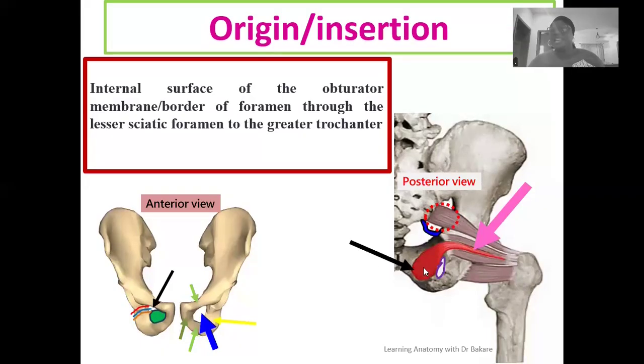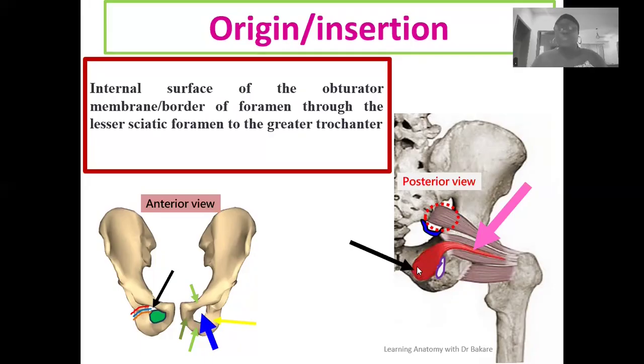So if we look deep, we now see that the fibers of the obturator internus muscle emerge from the internal surface or the posterior surface of the obturator membrane, and also the internal surface or the posterior surface of the obturator foramen, because these structures that we highlighted are embedded in this space. So this is where the fibers of this muscle would emerge from.